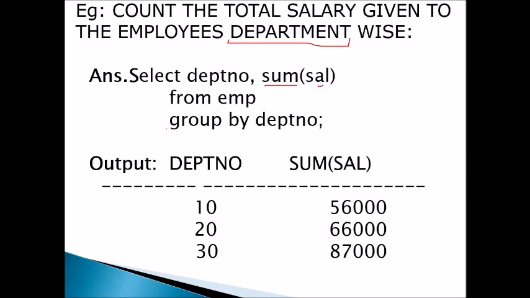Salary is the column name. With the aggregate function sum, we write the column name within round brackets. From EMP, that is the table name. Group by DEPTNO, department wise, where DEPTNO is the column name. So it will display this output.